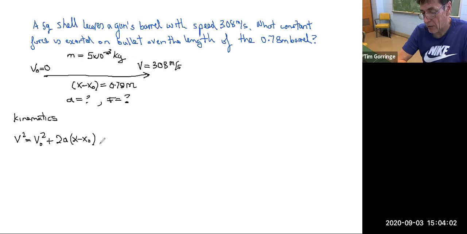If you look at this equation, we know the initial speed was 0, we know the final speed, and we know the displacement. The only thing we don't know is the acceleration, and we can calculate it using this equation. So if I rearrange this equation, the acceleration is going to be the square of the final velocity divided by 2 times the displacement.